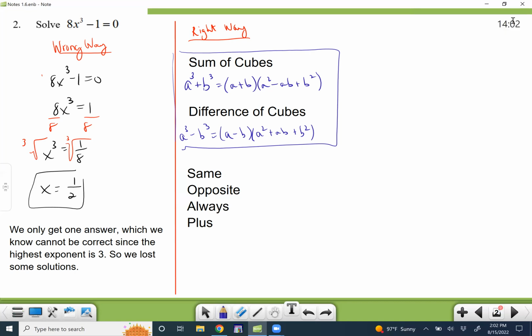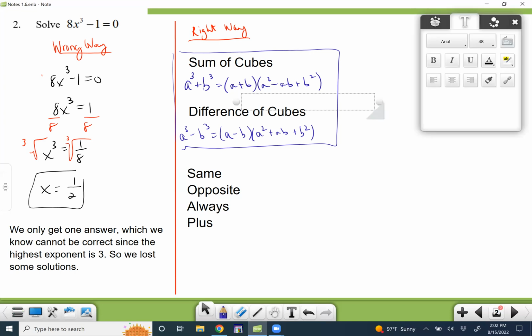So according to SOAP, the first sign here should be the same as the original sign. The second sign should be the opposite of the original sign. And the last sign should be always plus or always positive.